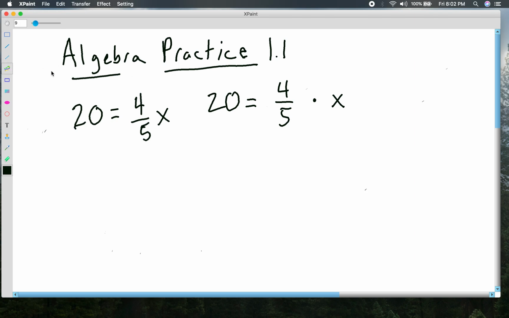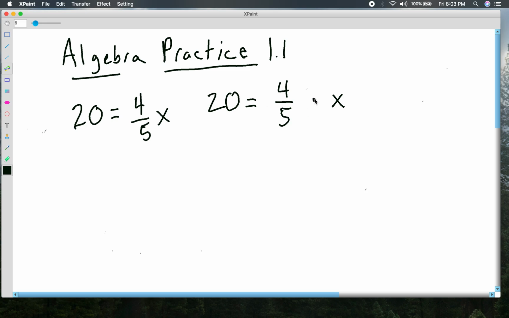So now we have to think about what do we do to get rid of 4/5? Well, there is a general rule that in order to get rid of something, you have to multiply by its reciprocal. And that is division, right? Fraction division.